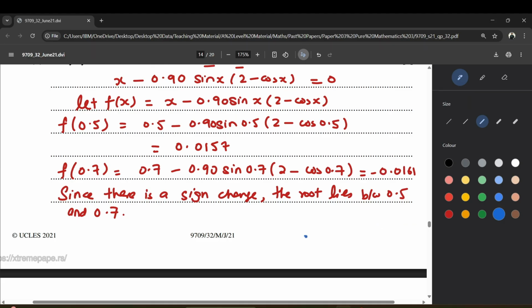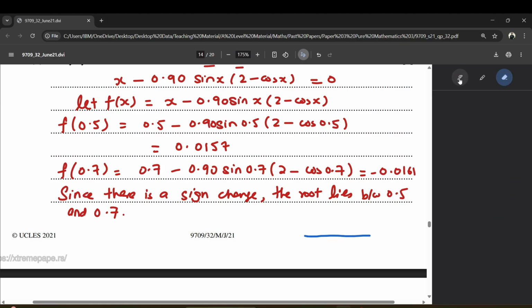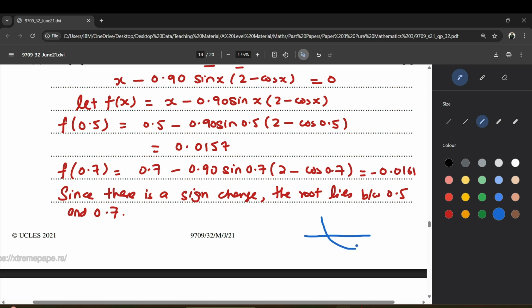So let's say that this is your x-axis, and there is a curve, something like this. Over here, this value is 0.5.